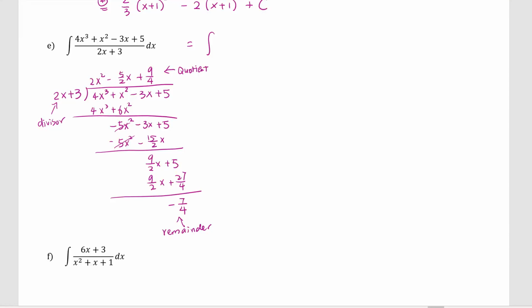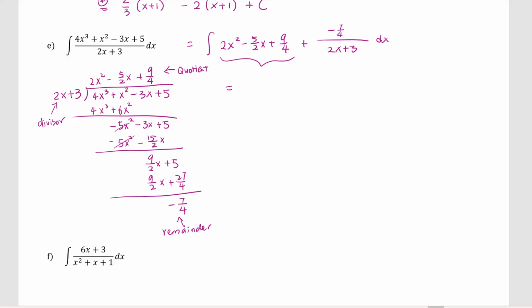Okay, long division tells us that this guy equals the quotient plus the remainder over the divisor. So far, so good. And you can see that this guy is just a polynomial. We can integrate a polynomial.